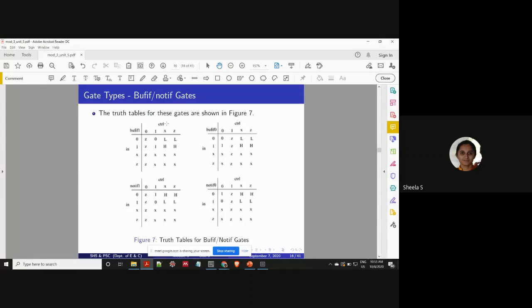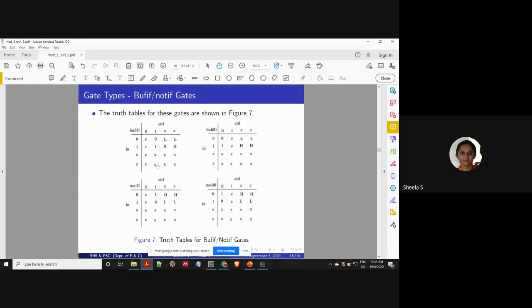If I am considering bufif1, it indicates that when the control is high, whatever the input is, we will get the same output. So if the input is 0, output is 0. If the input is 1, output is 1. If the input is unknown, output is unknown. Here also, if the input is Z, output will be unknown.